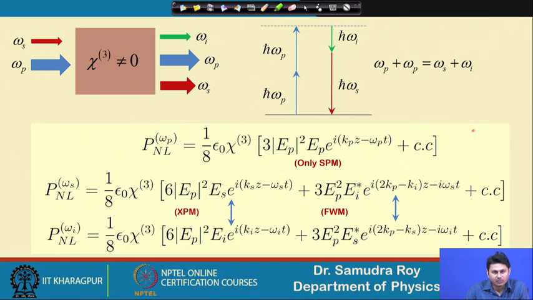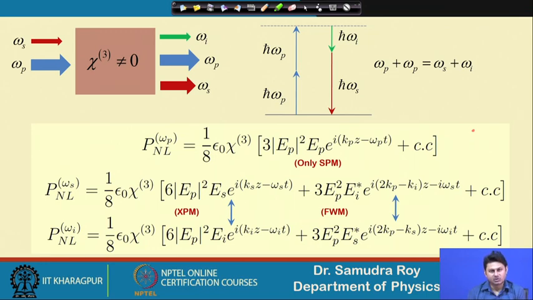P NL at omega p is the nonlinear polarization term that excites the pump field, and for this pump field we only take the self-phase modulation term because E p is quite strong.